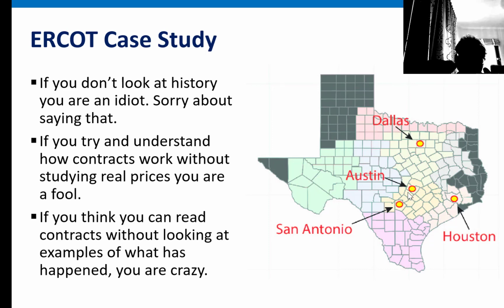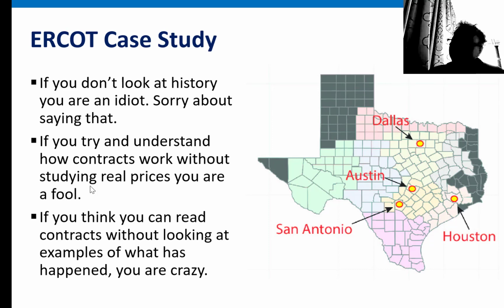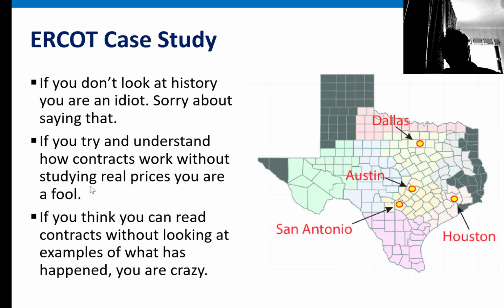I think the California crisis, where they had too many little prices in different places, really made a mess. I talked about history, and you need to. If you start reading contracts and are a really good lawyer, but you don't understand where these prices come from, I just don't see how you can do that. That's kind of the idea here.